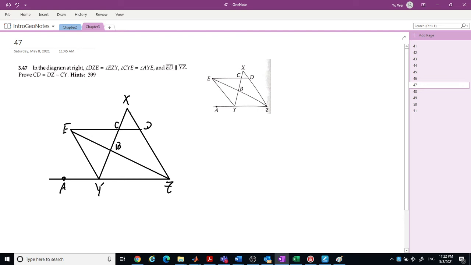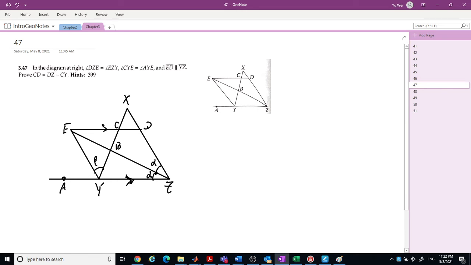We have a diagram and we know ED is parallel to YZ, and we know the angle DZE, this angle that's parameterized, is equal to EZY. Here are the angle bisectors, CYE and AYE.